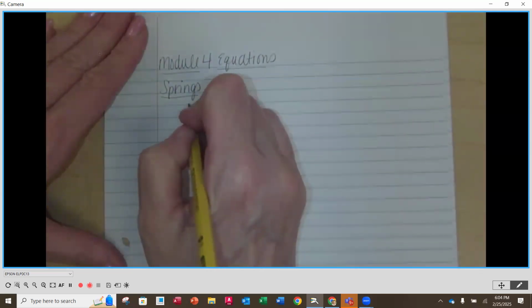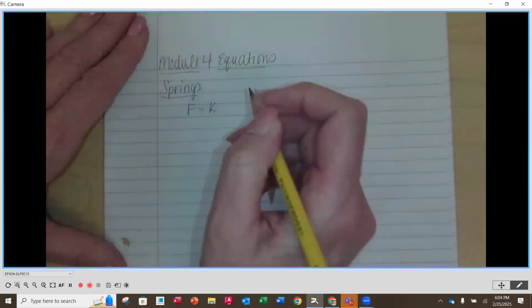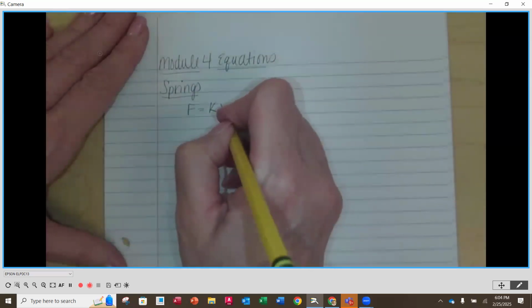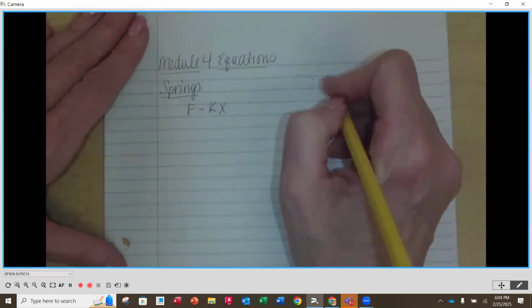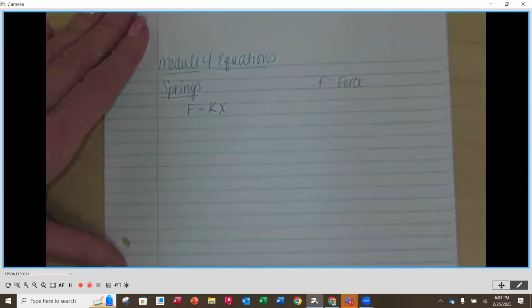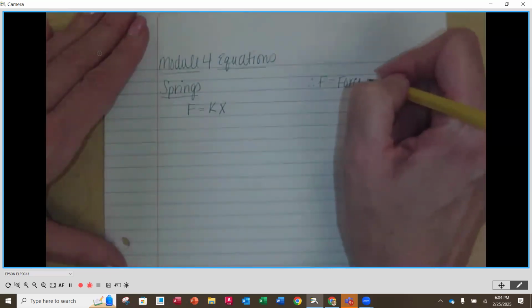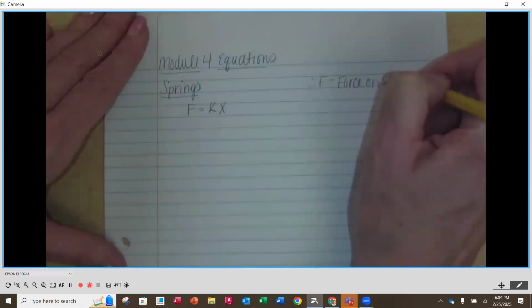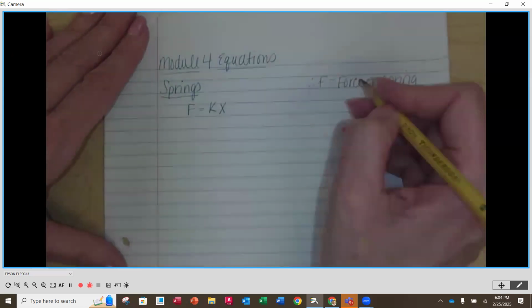So we can say that the force that we put on a spring is going to be equal to the spring constant K times the distance for which it's stretched. So over here, F is equal to the force to compress or stretch the spring, depending on the type of spring that we have.